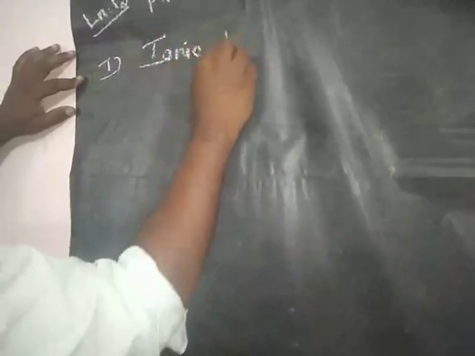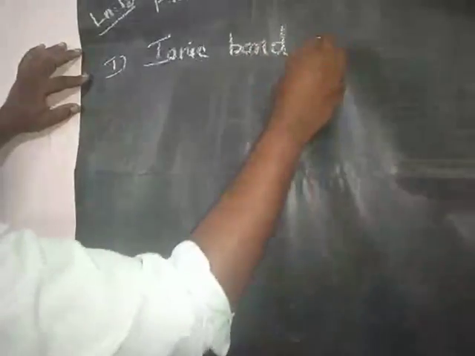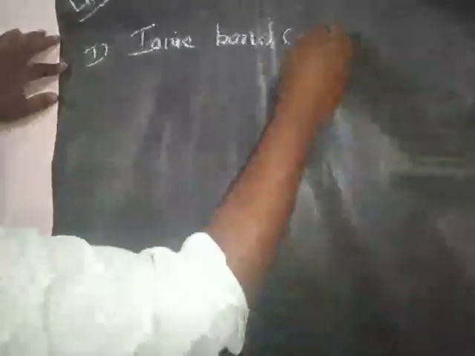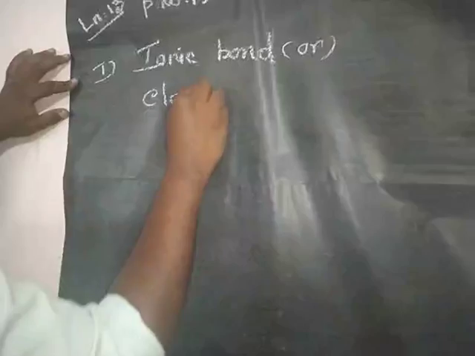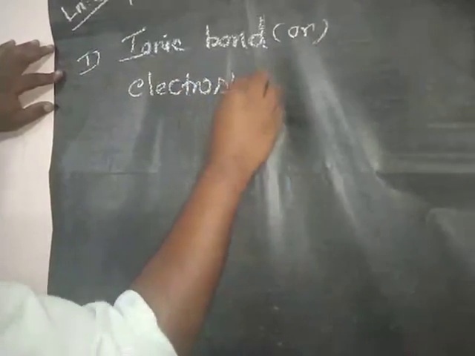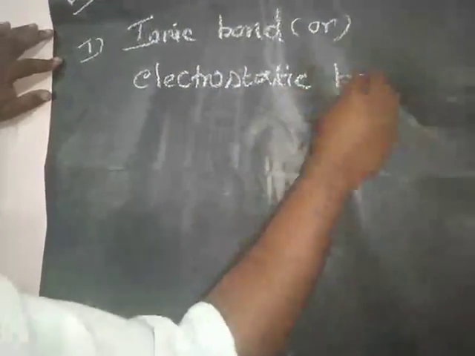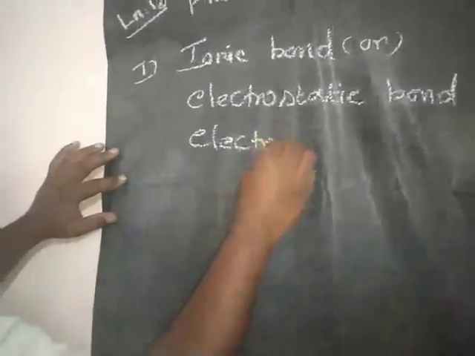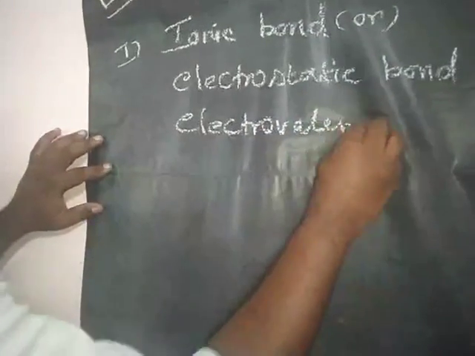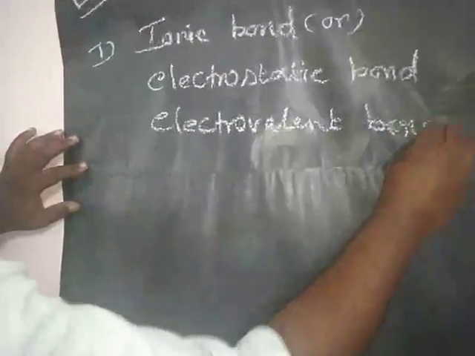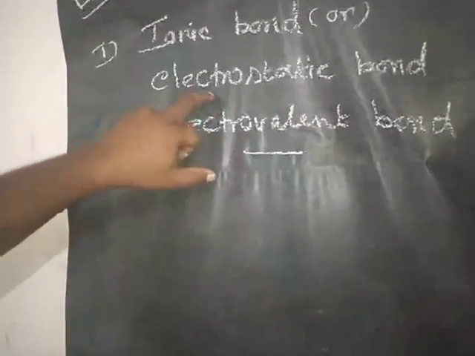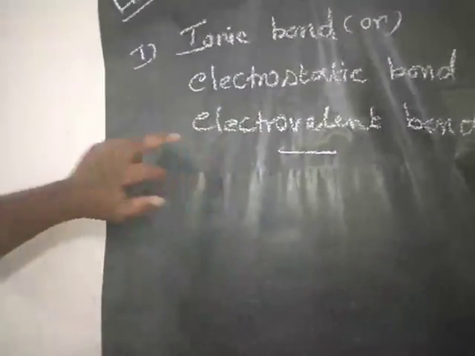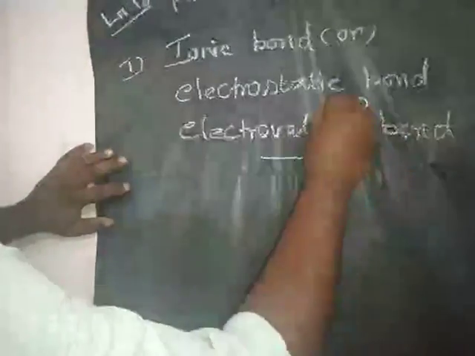Ionic bond is otherwise known as electrostatic bond or electrovalent bond. What is the other name of ionic bond? Electrostatic bond, or another name, electrovalent bond.